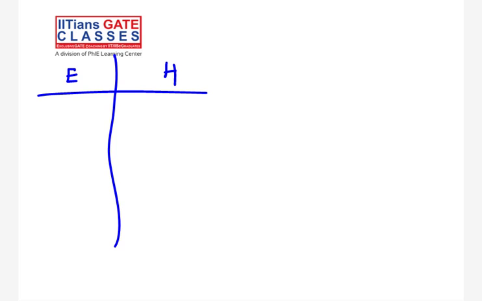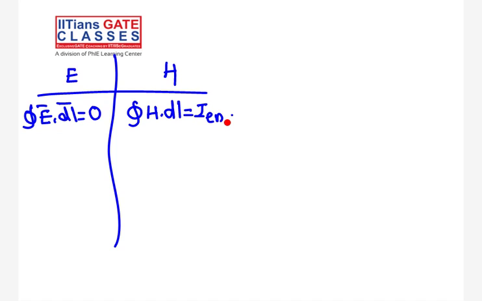The first thing, when you consider electric field and magnetic field in integral form: the first equation was the integral of E dot dl is equal to 0. And here, Ampere's law, what does Ampere's law say? The line integral of magnetic field intensity is equal to the current which is enclosed.